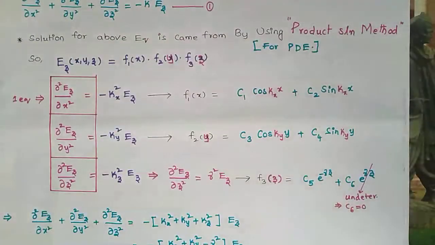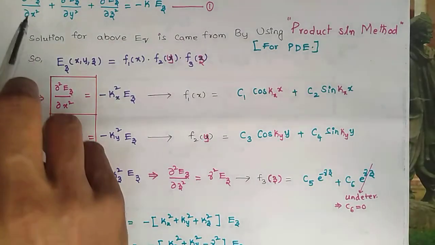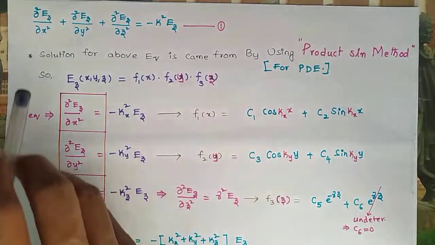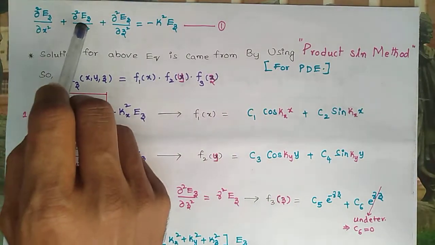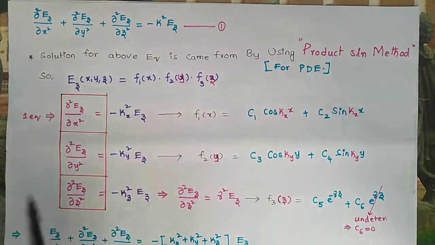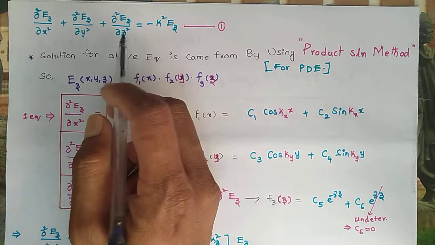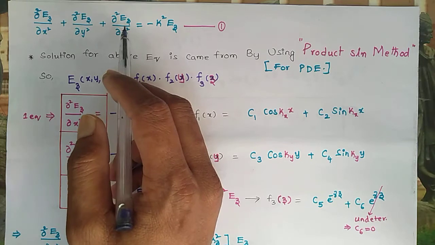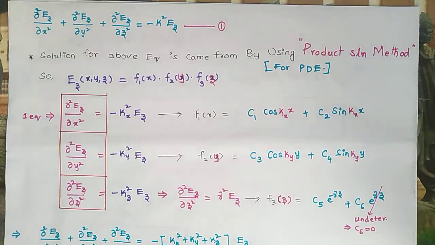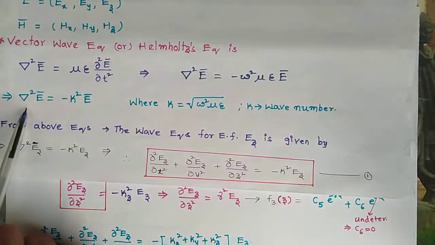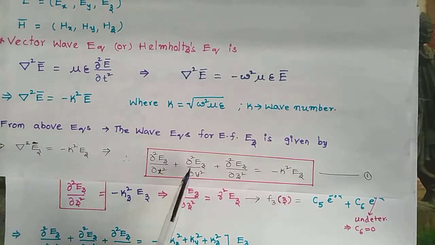I am writing the equation as: dou square Ez by dou x square, dou square Ez by dou y square, dou square Ez by dou z square. Why have I written the equation like this? We know the del operator: del square is dou square by dou x square plus dou square by dou y square plus dou square by dou z square.